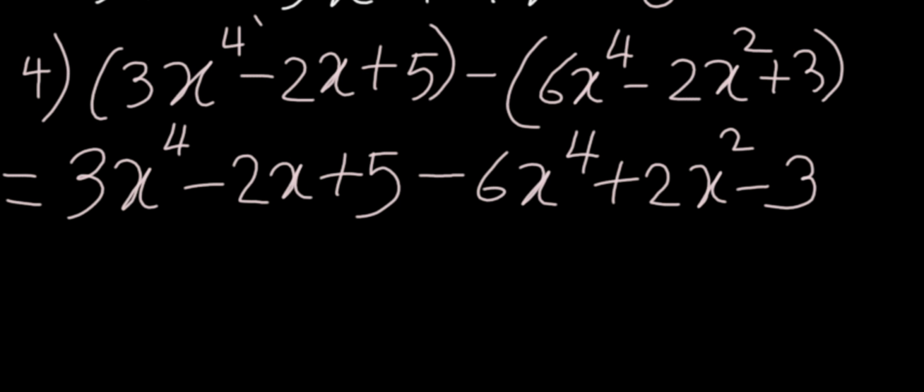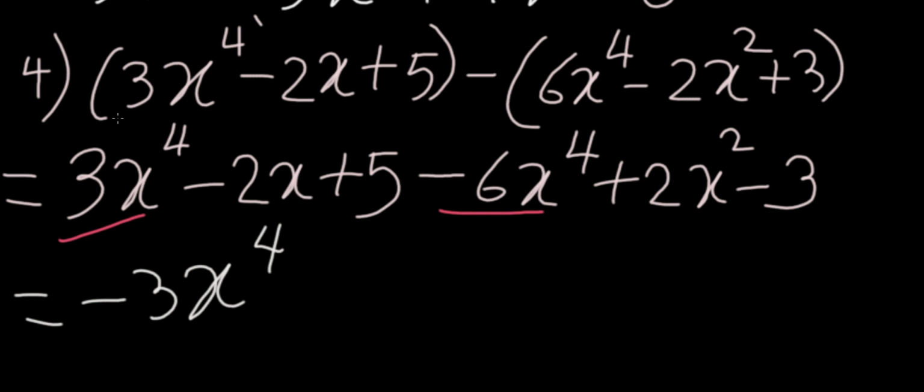And then you put together the like terms. 3x to the power 4, negative 6x to the power 4, which will be negative 3x to the power 4. Then the next like term is negative 2x, and we don't have any other term with the variable x to the power 1, so we are going to write it as it is, negative 2x.